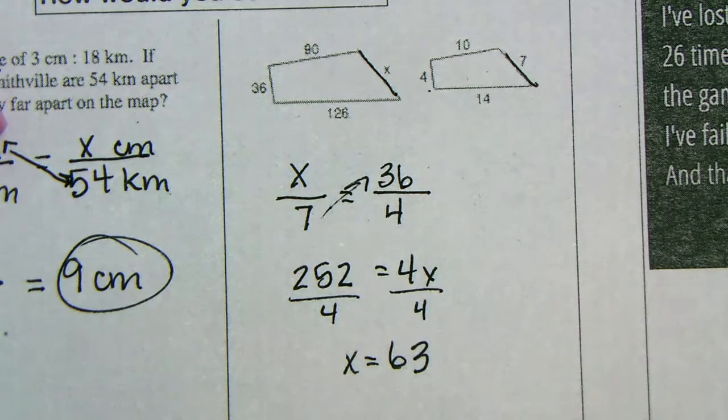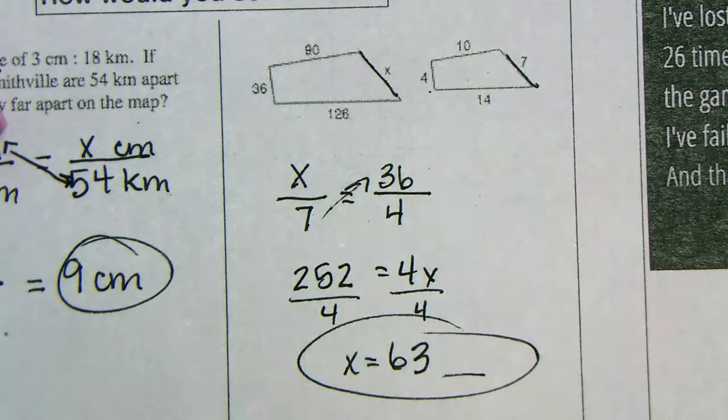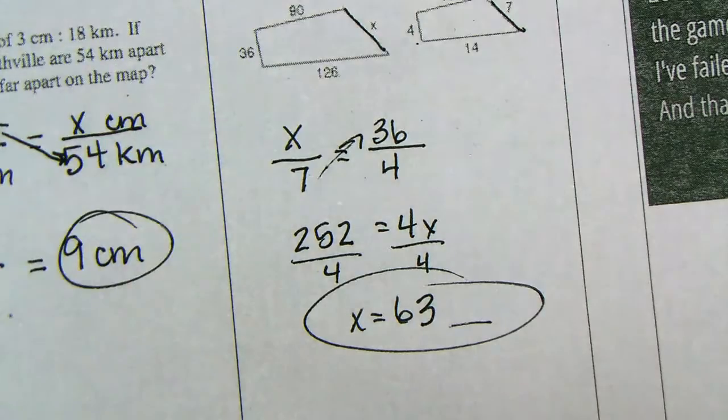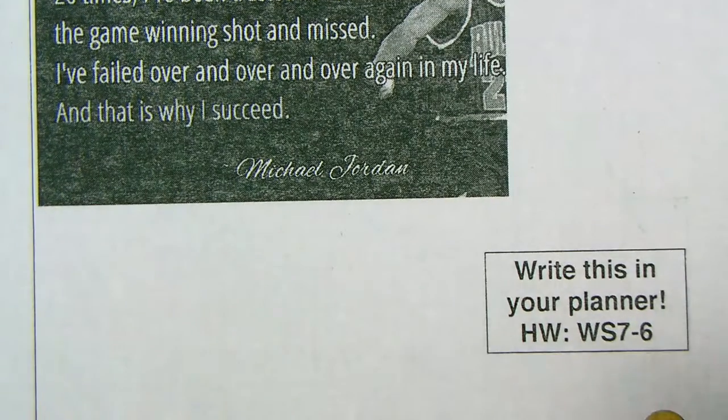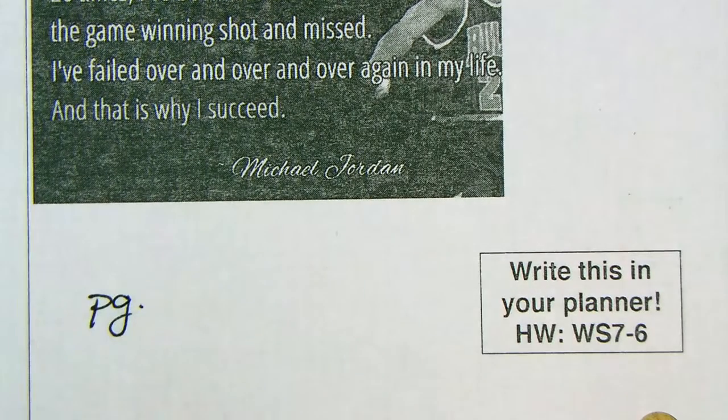All right, now for the first day, today, we are actually going to do an assignment out of the textbook. Tomorrow you're going to get a worksheet, but in your textbook, you are going to do pages 565.